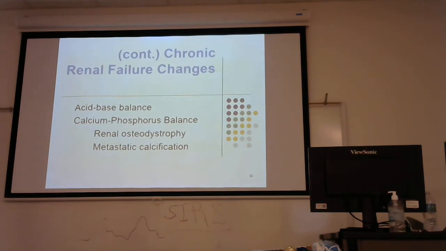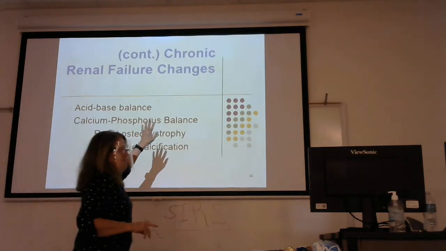Soft tissue muscle there. And it makes the heart stiff, so it affects their cardiac output. They can end up with enlarged left ventricles, hypertrophy, and cardiovascular disease and infection are the two big things that kill patients with end-stage renal disease.